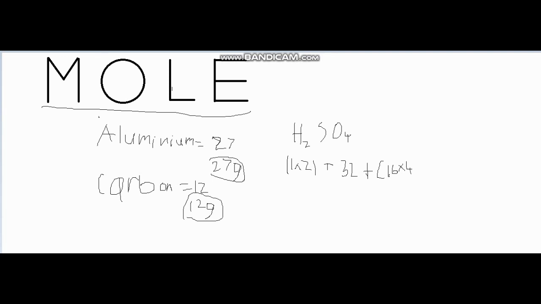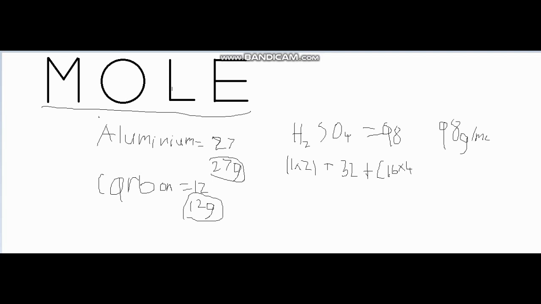So we know that this right here is 98 for its relative molecular mass, and we just change this to grams per mole, and so right then and there we know that the molar mass for sulfuric acid is 98 grams per mole.